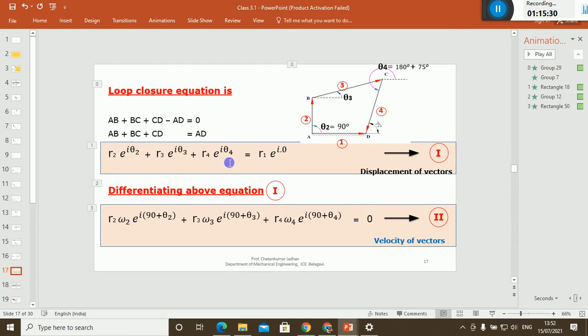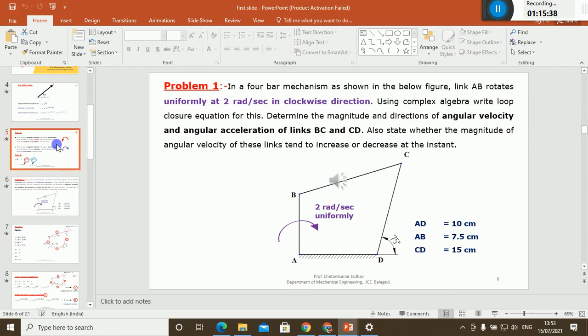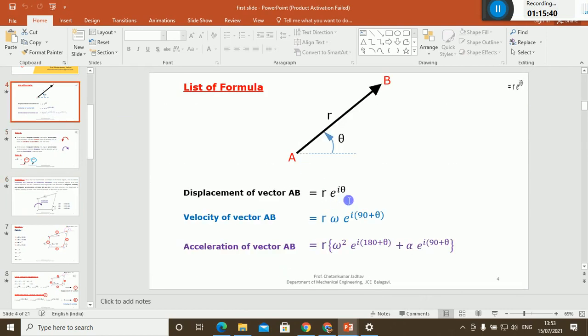When you differentiate this equation, you will get the velocity vector. By using this formula, when you differentiate, you will get this. Just remember this, and only change the suffixes. Again, when you differentiate this, you will get the acceleration.